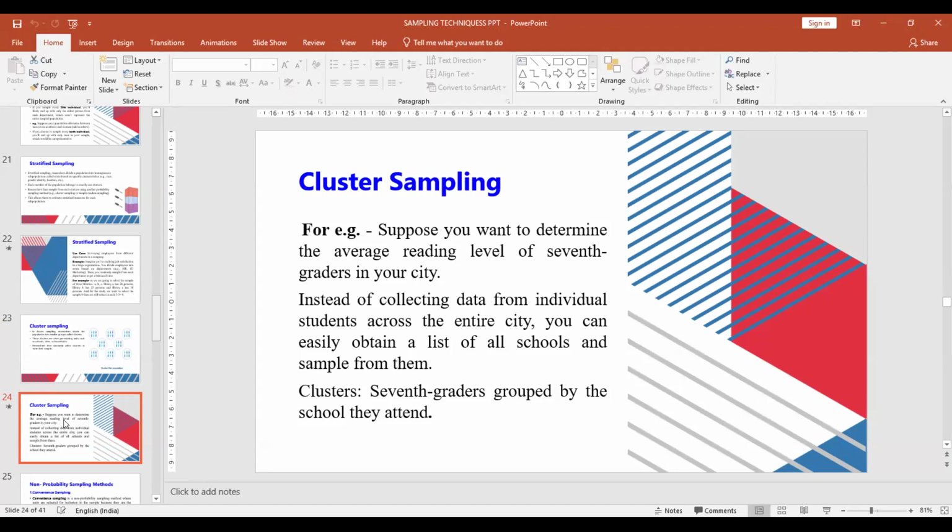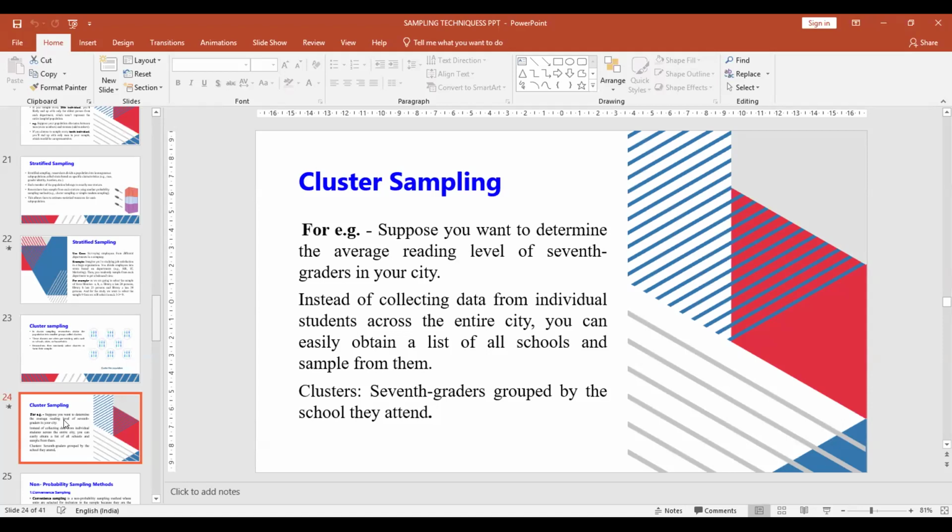Prepare different small clusters, and you can collect the data from the clusters. So these are the basic points, or we can say the classification of the techniques which we know as probability sampling.